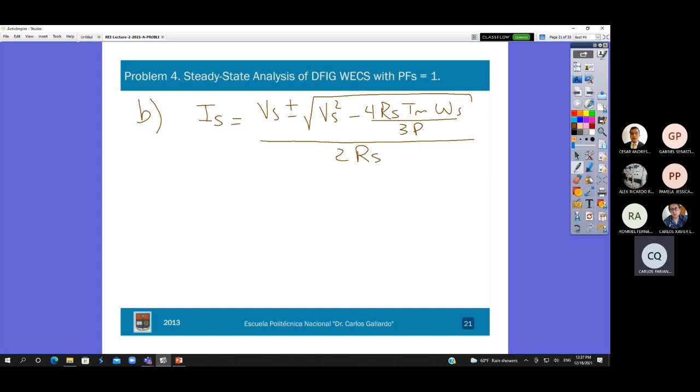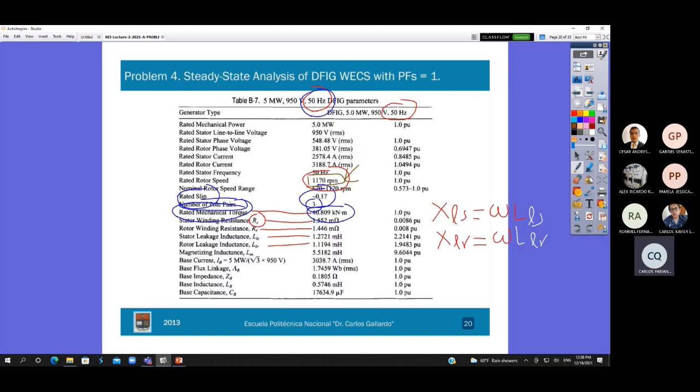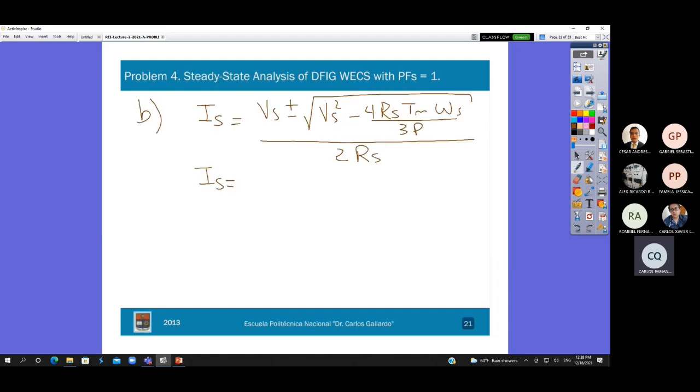So let's substitute in the data. Let's go back to what the stator voltage is. In this case, it is this value: the rated stator line-to-line voltage is 950. Because this is line-to-line and I am working per phase, I need to divide it by the square root of 3.